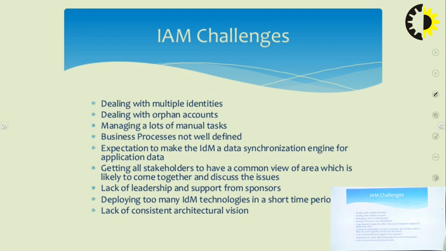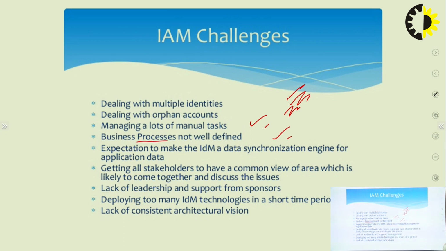So what are the different challenges? Dealing with multiple identities is the biggest challenge. Dealing with accounts of people who are no longer part of the organization, but are still accessing the current account. Managing a lot of manual tasks. Business process is not the basic problem; the basic problem comes into the scenario because the process is not well defined.